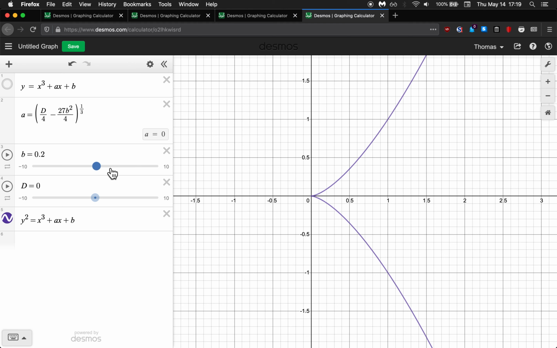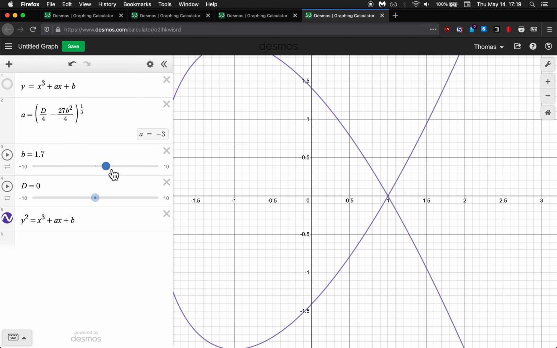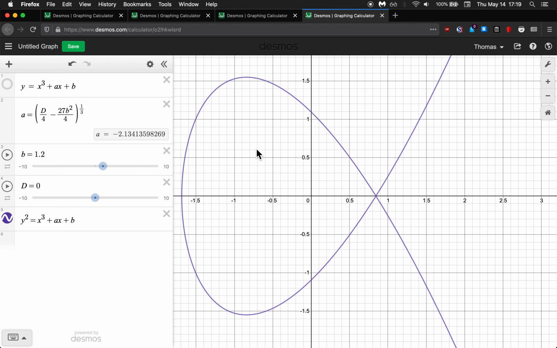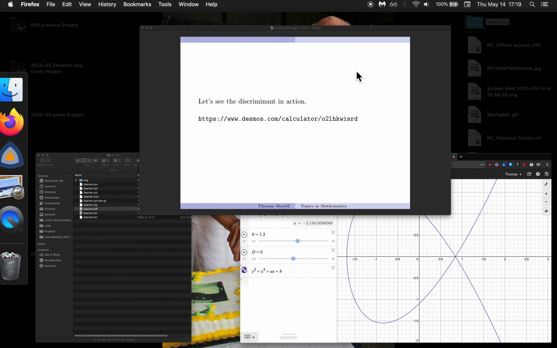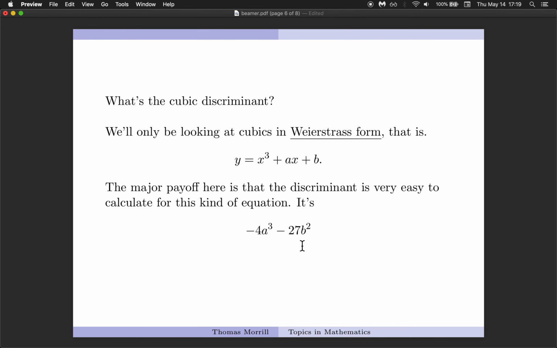So the main point of this mini lecture is that I can predict the shape of my elliptic curve just off of the formula minus 4a cubed minus 27b squared, the discriminant of the cubic. And I could also call this the discriminant of the elliptic curve.